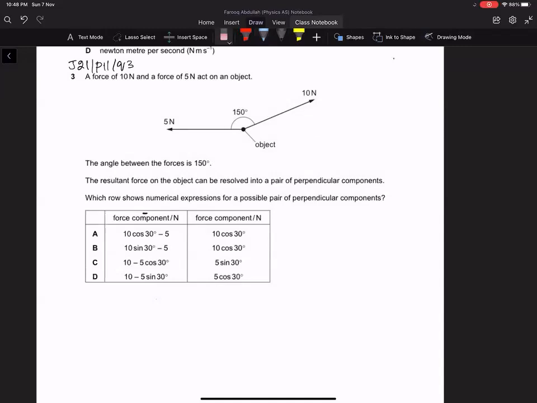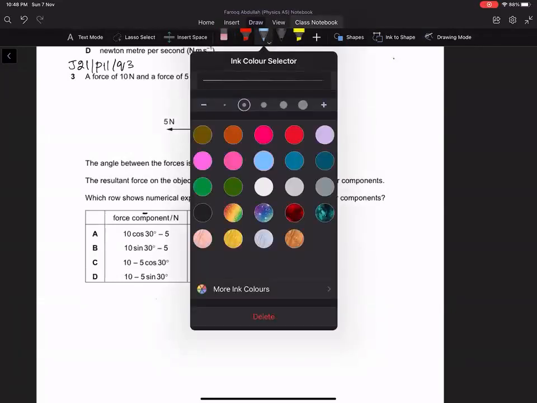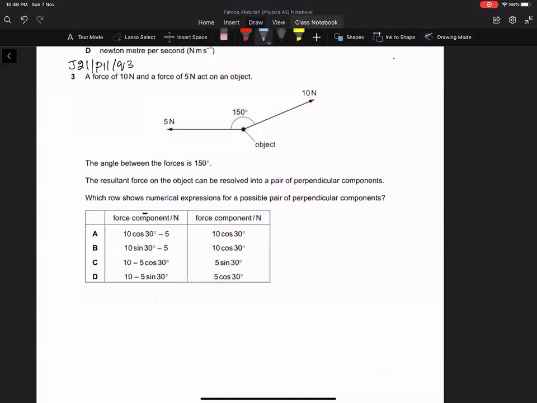Now, in your classes, you generally resolve the vectors horizontally and vertically, but here the question is a bit different. So once you should try to resolve it along 5 Newton, and then you should try to resolve it along 10 Newton.